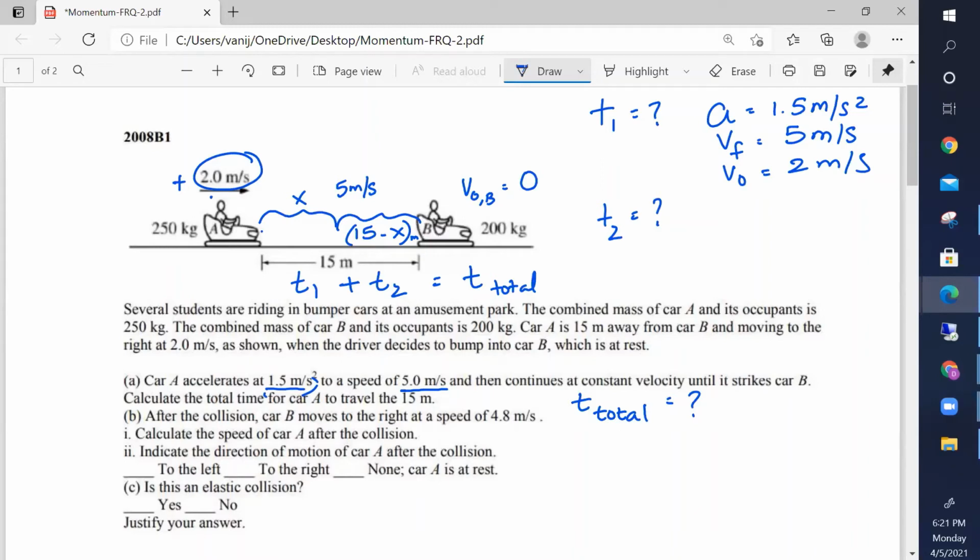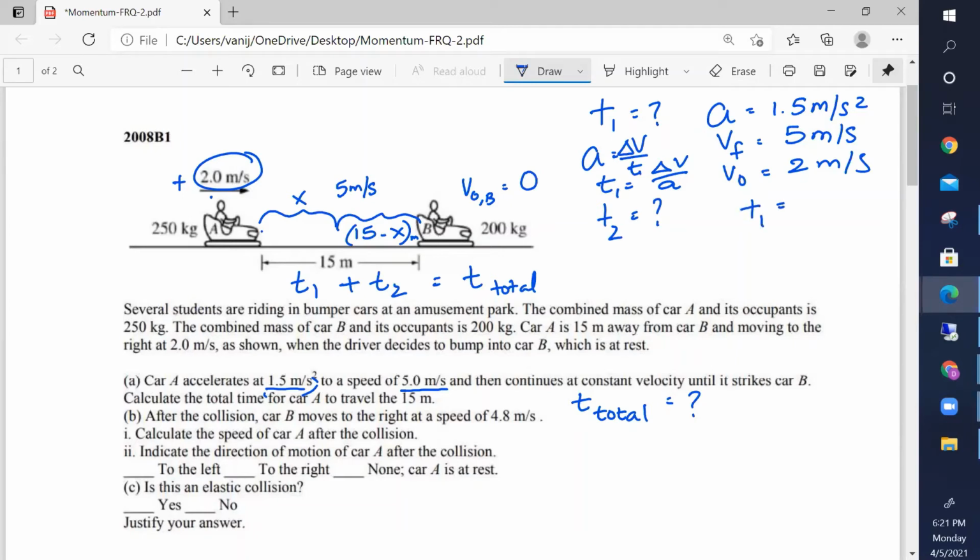So I can find time using the definition of acceleration. Acceleration is Vf minus V0, which is the change in velocity, over time. So the time would be equal to change in velocity over acceleration. This is my T1.